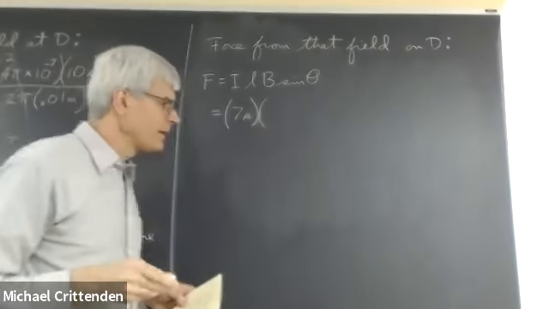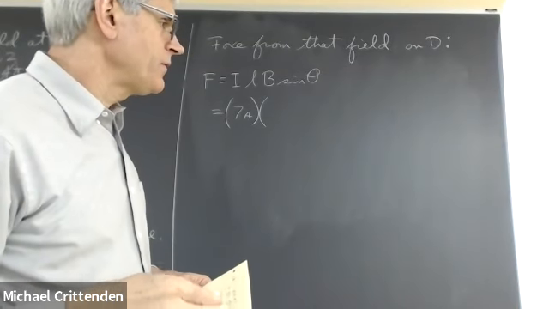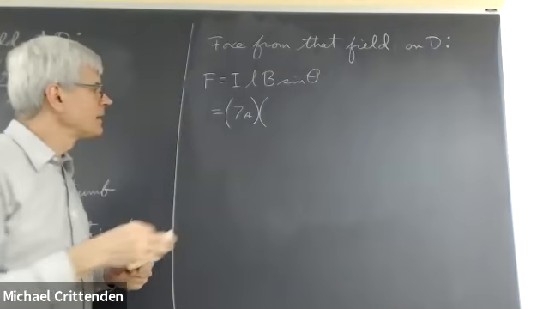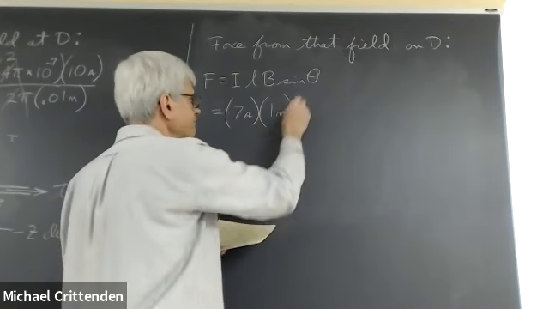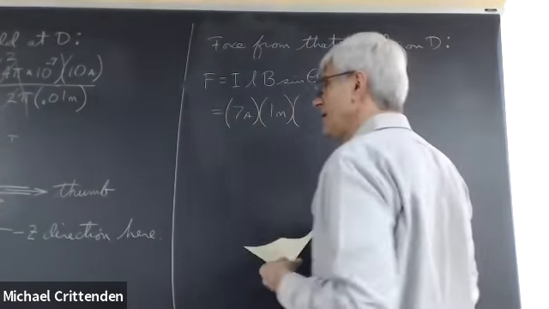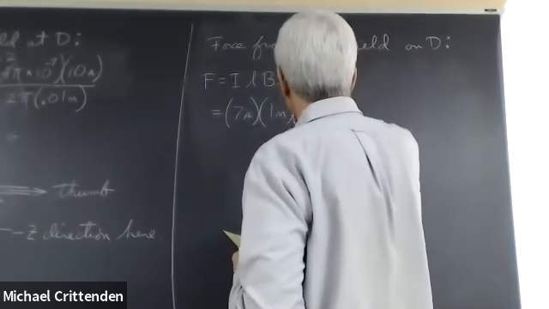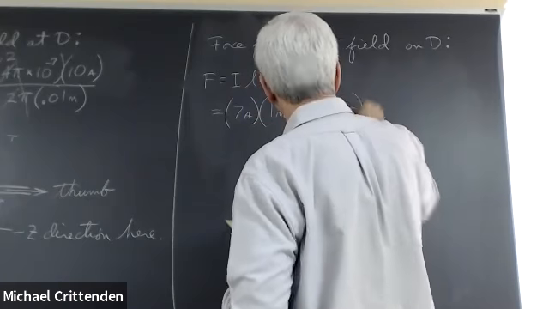Wire D has a current of 7 amps in it. And it says each one is 1 meter long. Put that in for L. For the strength of the field, that's the number I calculated earlier, 0.0002 of a Tesla.